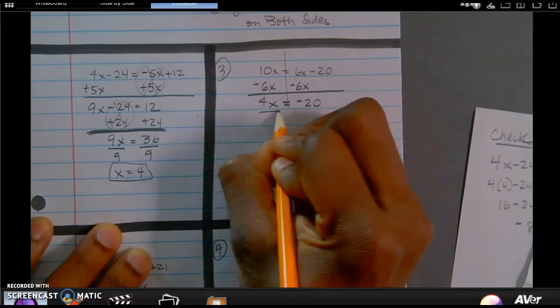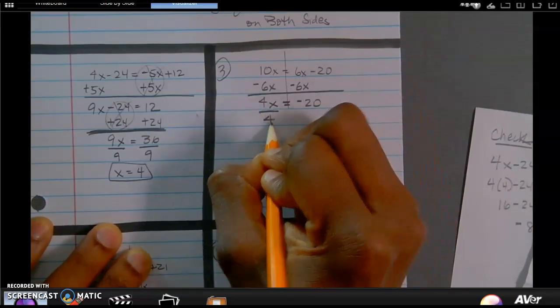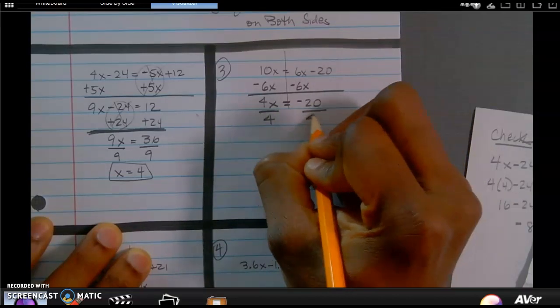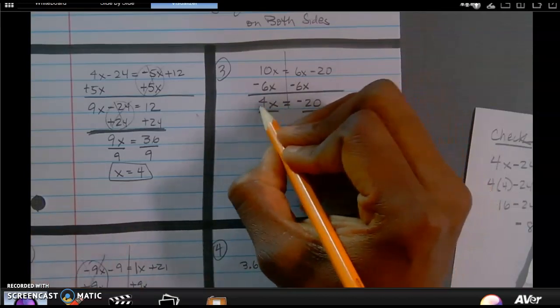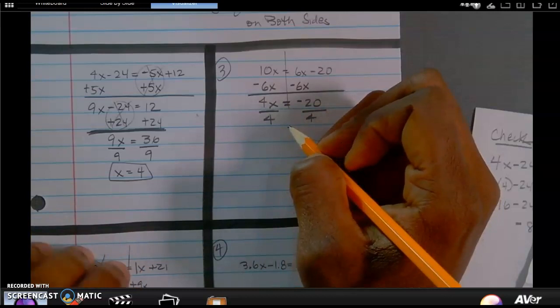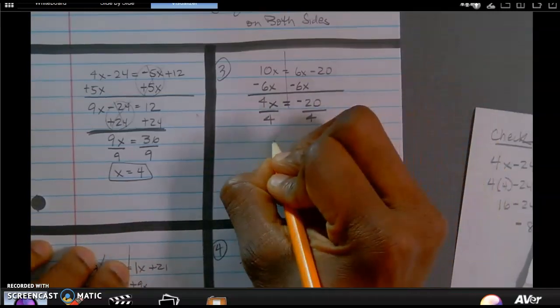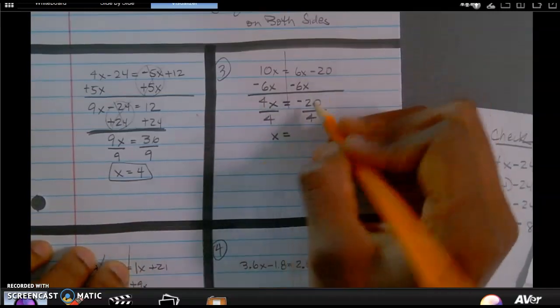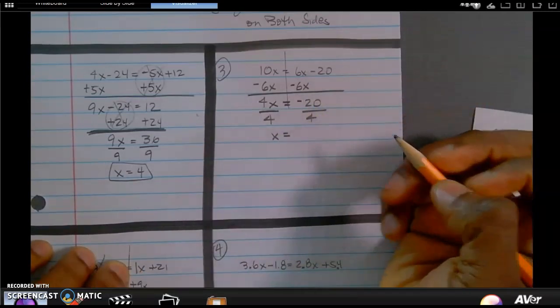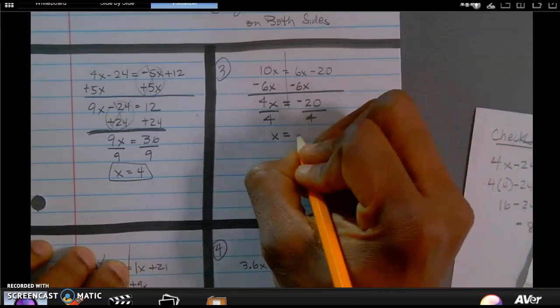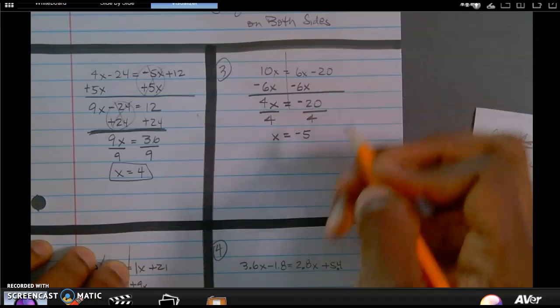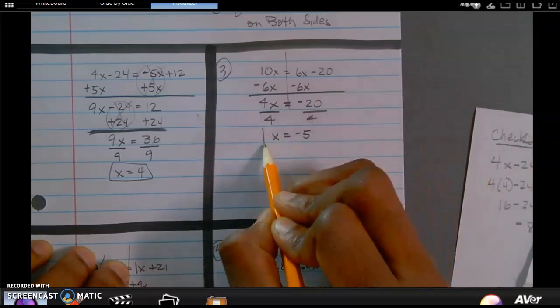Okay. I'm going to use the inverse operation again. Inverse operation tells me that I'm going to do the opposite operation of 4 times x, which is division. This just leaves me with x. Negative 20 divided by 4 is going to give me what number? You guessed it. X is equal to negative 5.